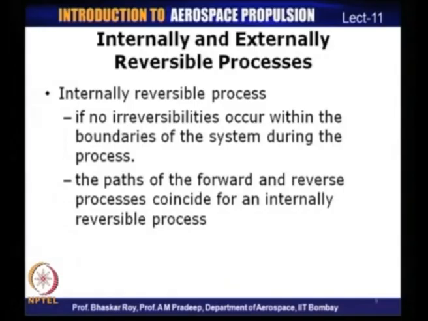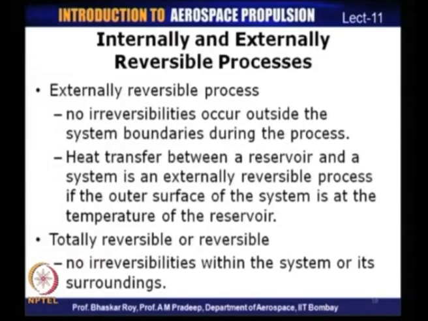If there are no irreversibilities within the system boundaries, that makes it an internally reversible process. In this case, the paths of the forward and the reverse processes will coincide.